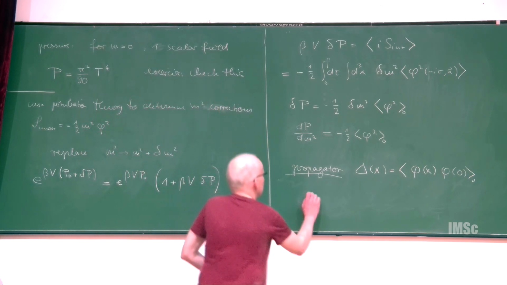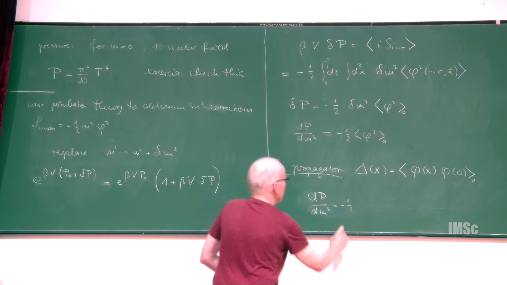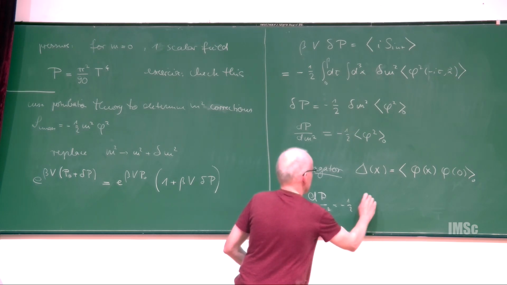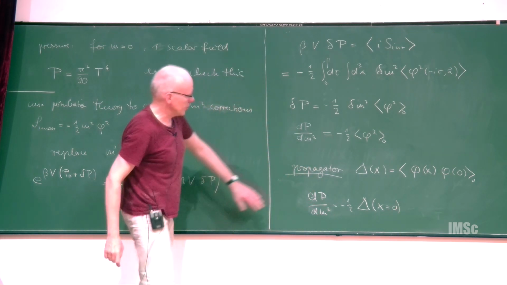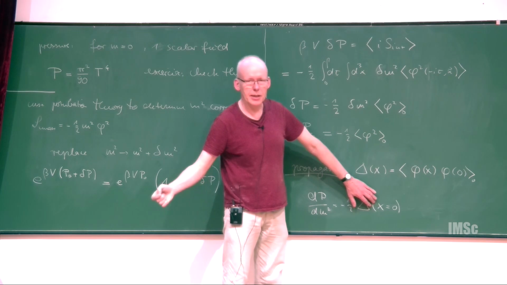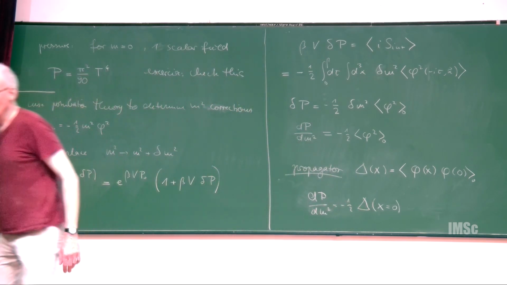So dp over dm squared is given by minus 1/2 times the propagator at x equal to 0. Here x includes the time and the space, so imaginary time and the spatial coordinates.